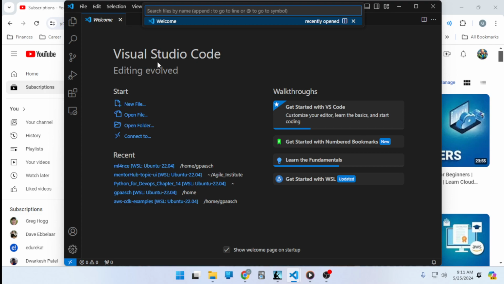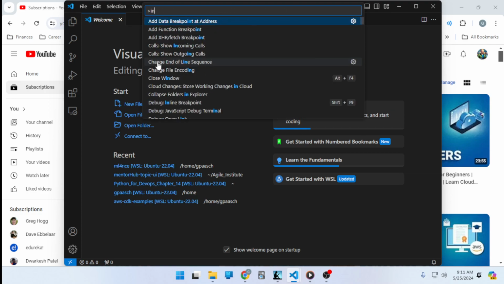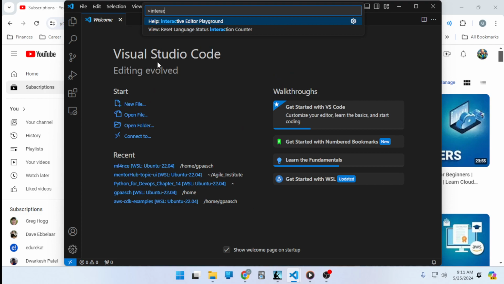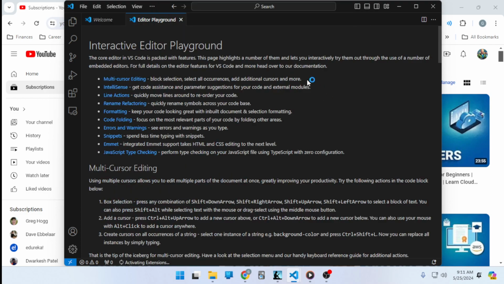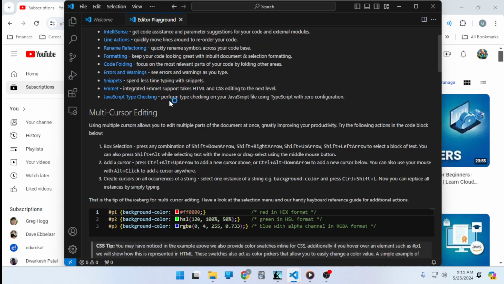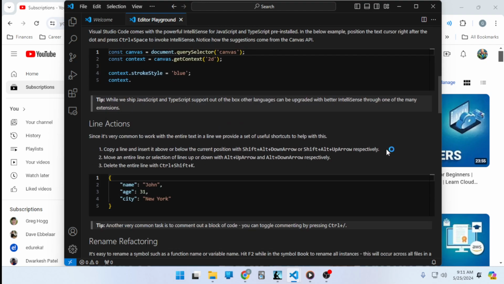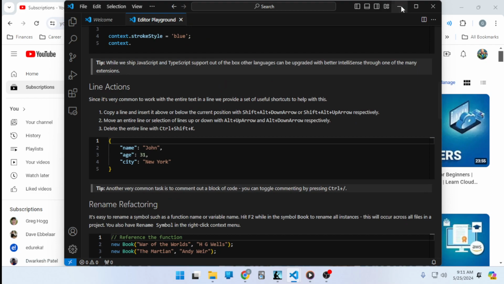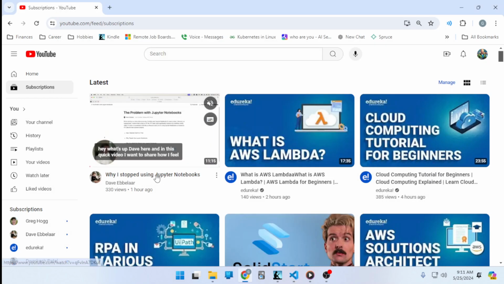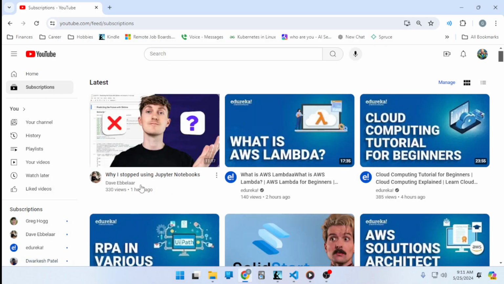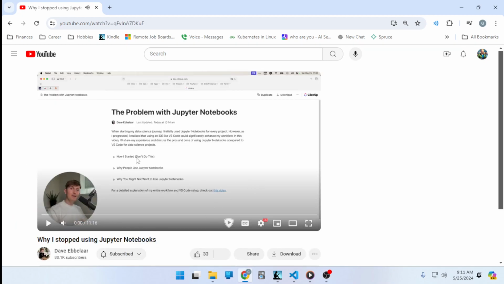But if we search for interactive, or if we, there we go. Yeah, so interactive editor playground. I think this is it. No, I forget what it was. But anyway, I just wanted to bring up this video because we're using Jupyter Notebooks a lot in the series.